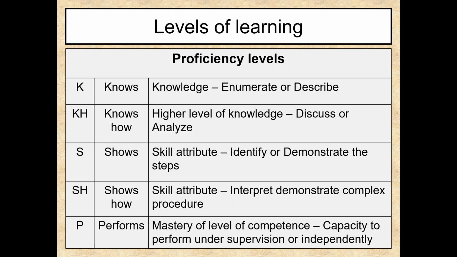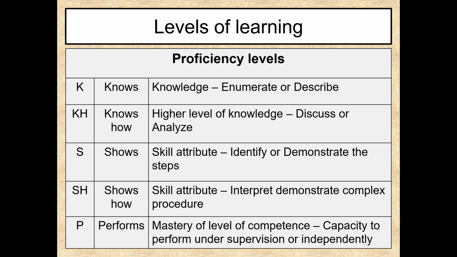Knows how means it is a higher level of the cognitive domain. You are discussing something, you are analyzing something, that is known as knows how. S is shows, it is just identify or demonstrate something, that is a skill attribute, and it is just the showing part. Then comes the shows how.